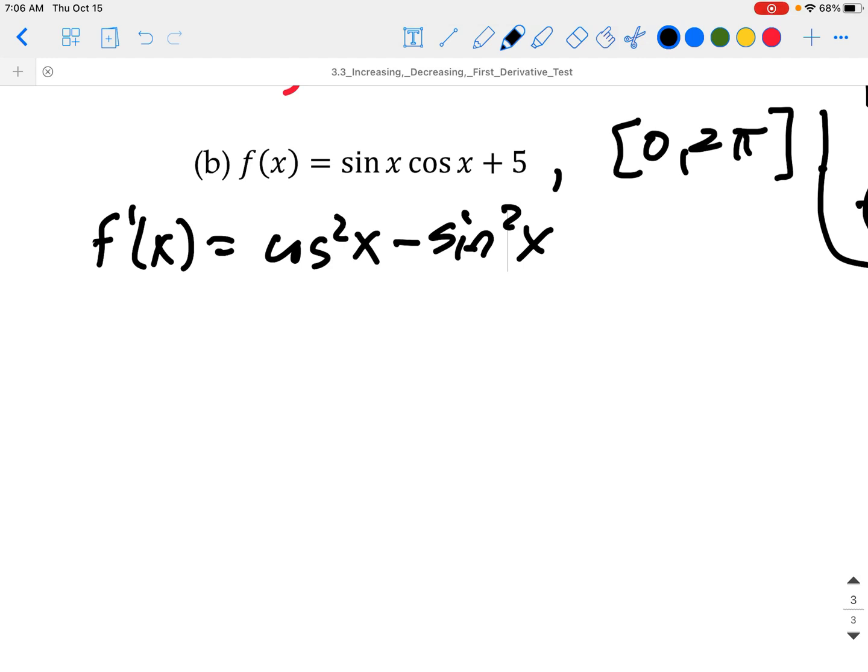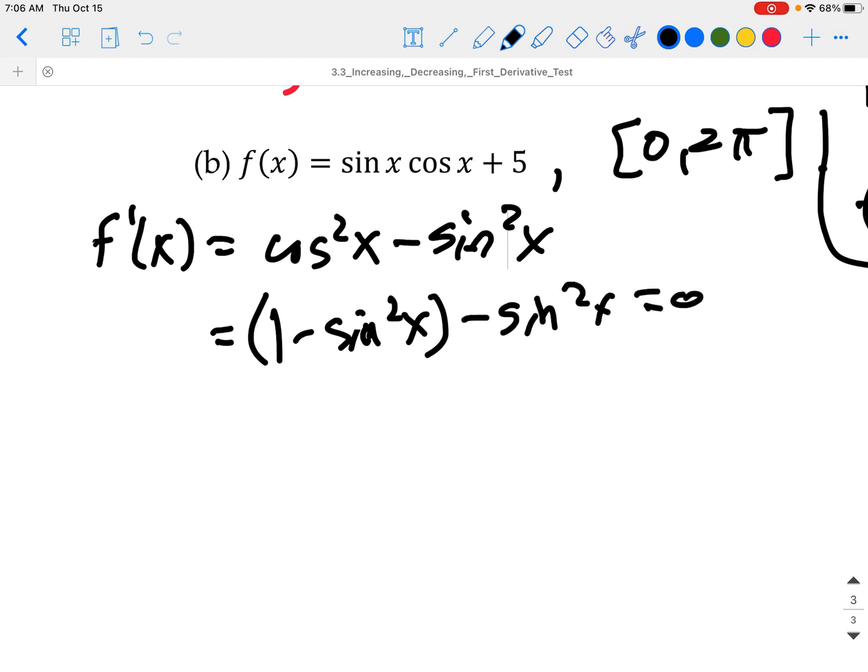And you can continue to work with it in this form, but I'm really going to highly recommend rewriting it using an identity. So there's two options that we have. We could rewrite this using the Pythagorean identity. So maybe we do like 1 minus sine squared for cosine squared minus sine squared equals 0. So you could do it that way.